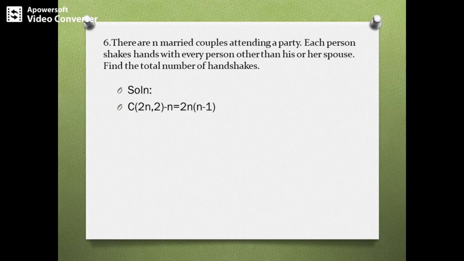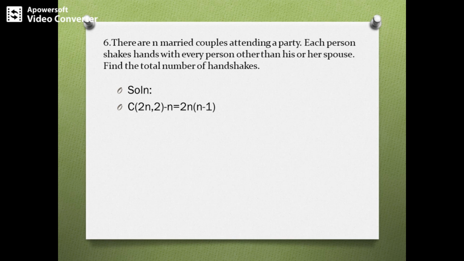If there are n pairs of married couples, we can say that one person shakes hands with another person. So every person shakes hands with every other person other than his or her spouse.